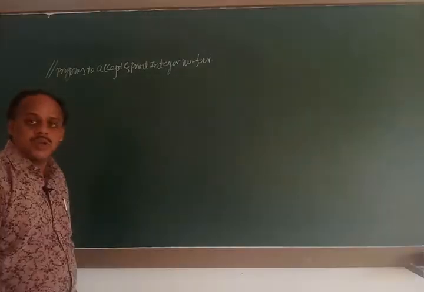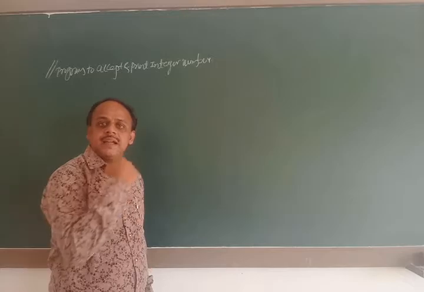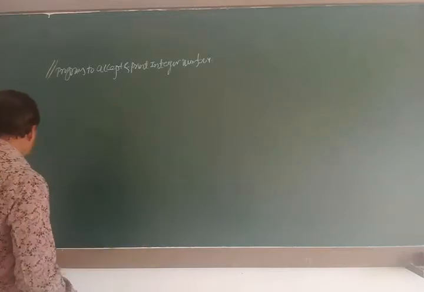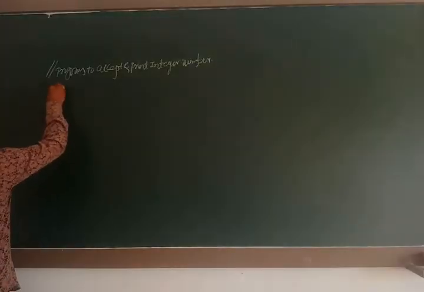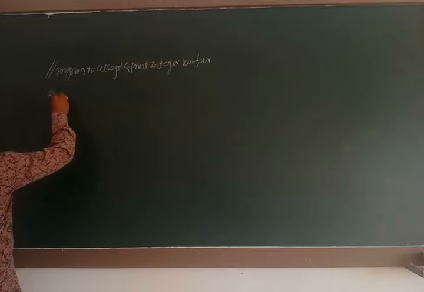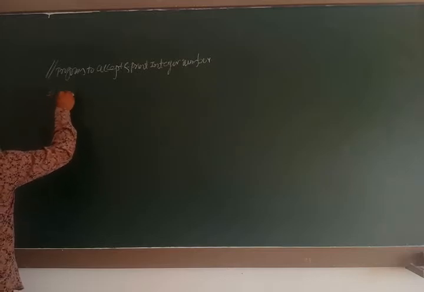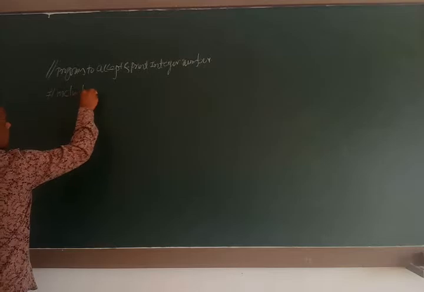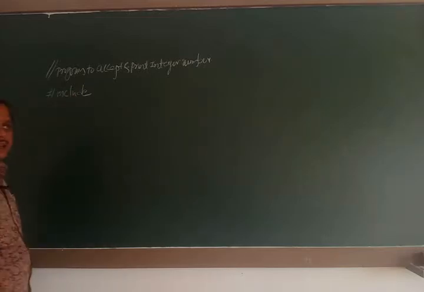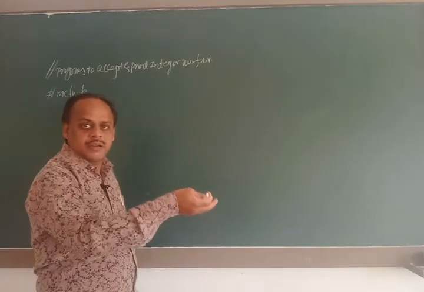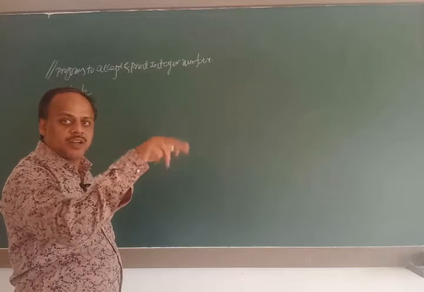So our aim is to accept an integer number and display it, right? So therefore I am writing here. First we have to write preprocessor directives, that is, commonly used preprocessor directives are hash include in angular brackets iostream.